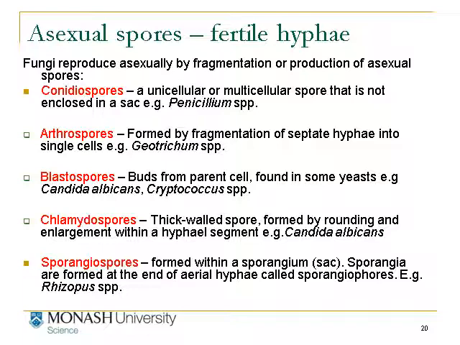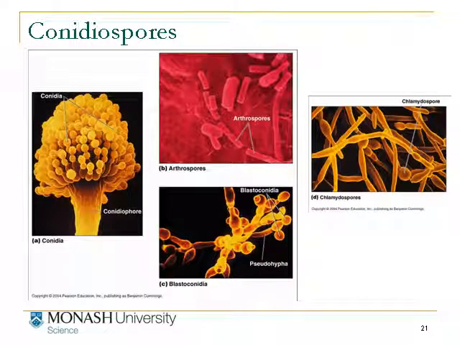These are formed within a sac called sporangium, and these sporangia are formed at the end of aerial hyphae called sporangiophores. Here are some pictures to illustrate what we mentioned earlier in a few slides before.